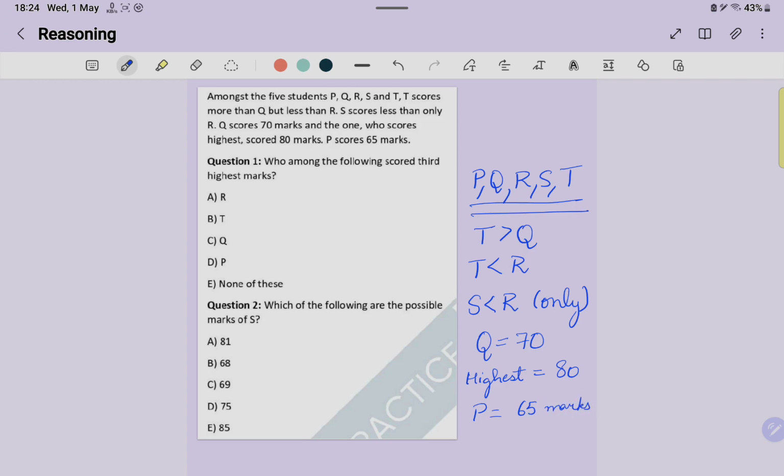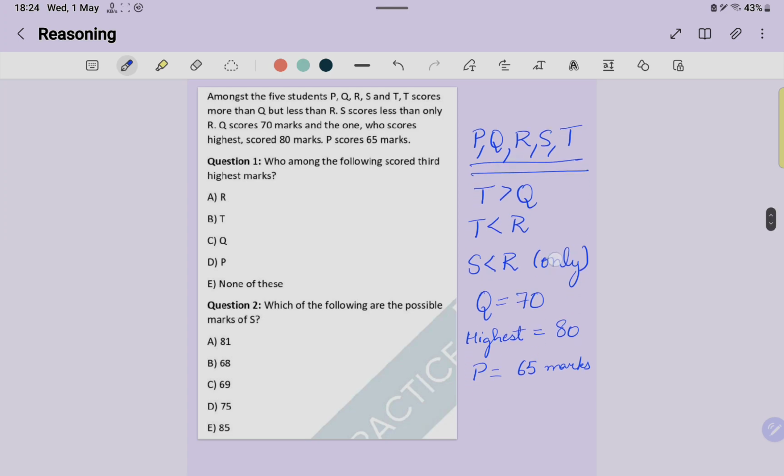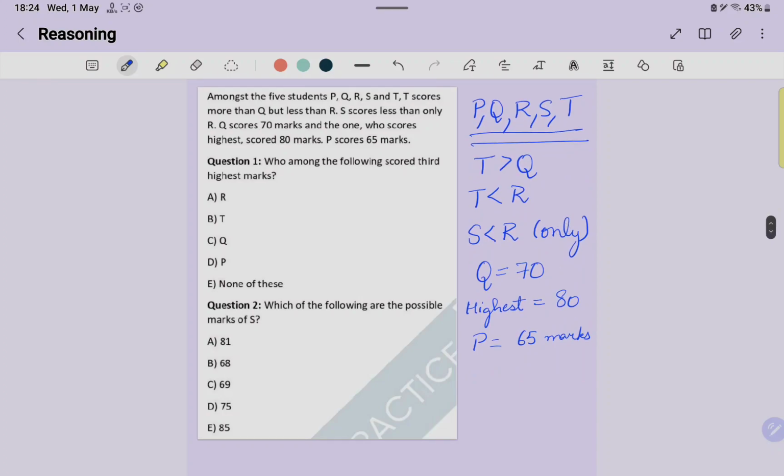So here we have been given an idea. According to this idea, we will have to make a series of ranking of all these students.